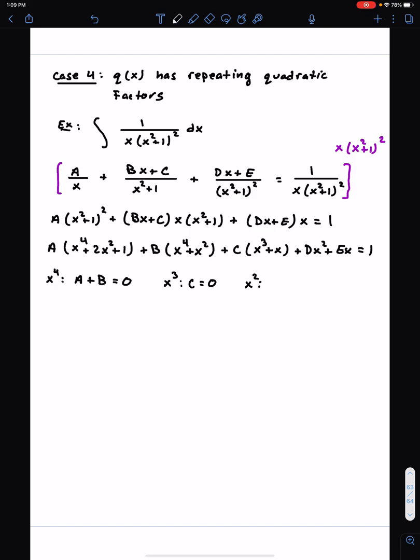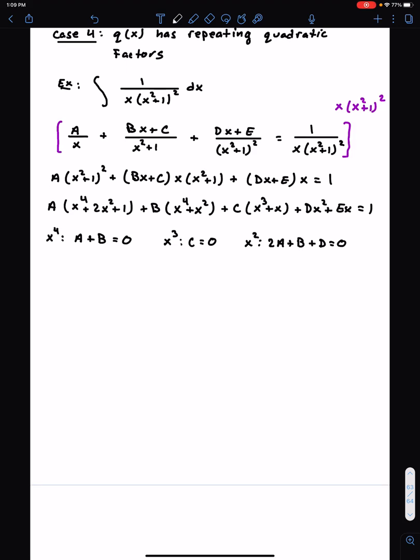For x squareds, 2a plus b plus d. There are no x squareds on the right side, so it's equal to 0. The coefficient of x's is c plus e, no x's on the right side. And then last equation, the constant on the left side is just a. The constant on the right side is a 1.